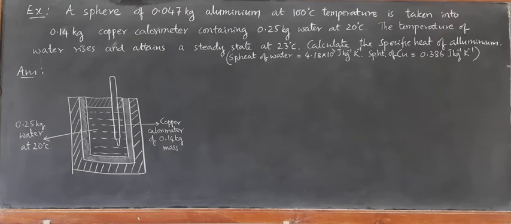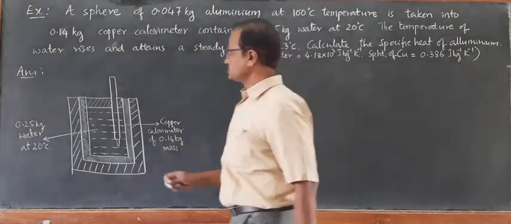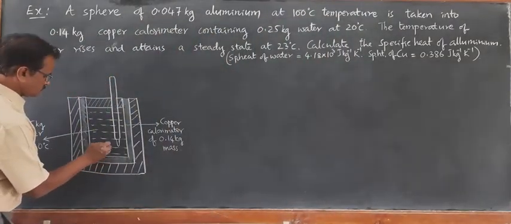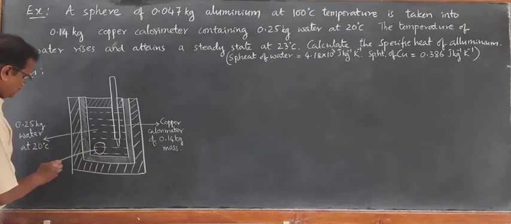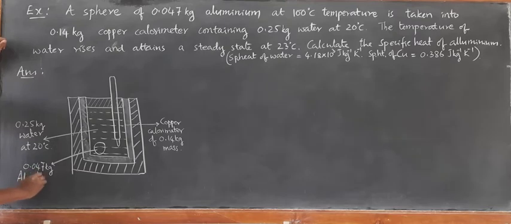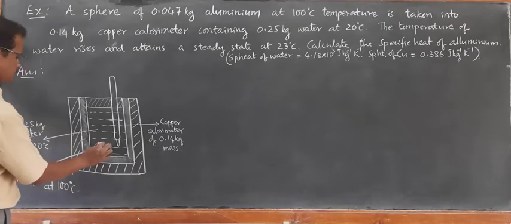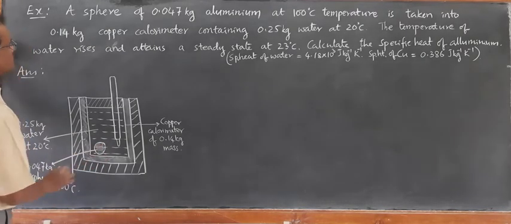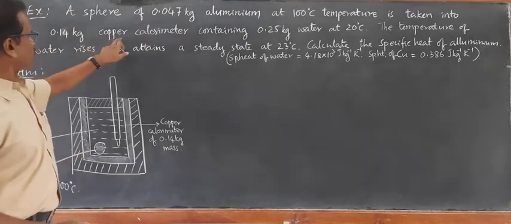Now look at the problem. A sphere of aluminium of mass 0.047 kg, at 100 degrees Celsius, is taken into a 0.14 kg copper calorimeter.